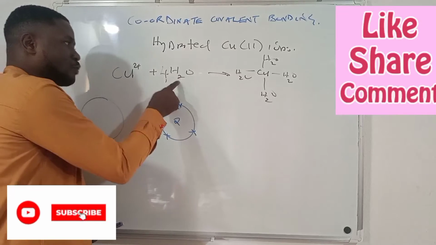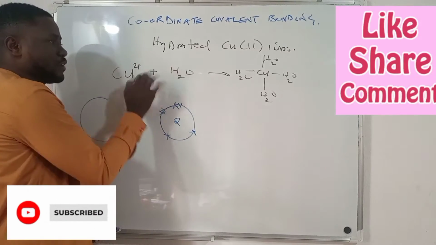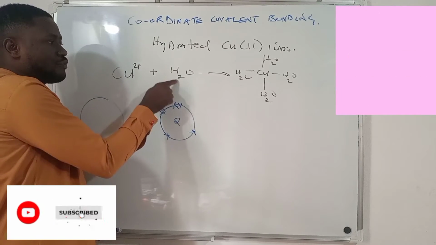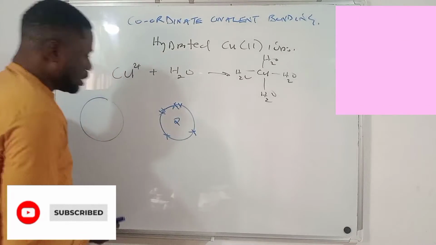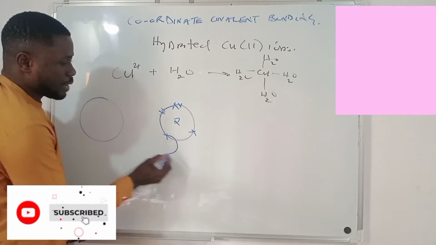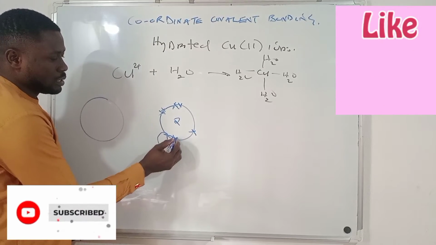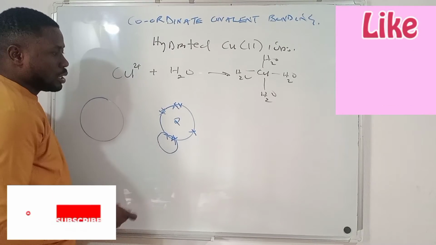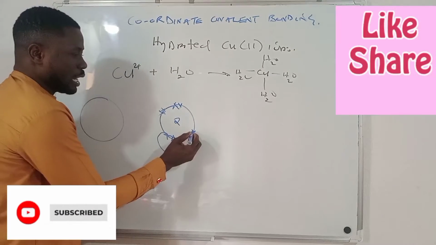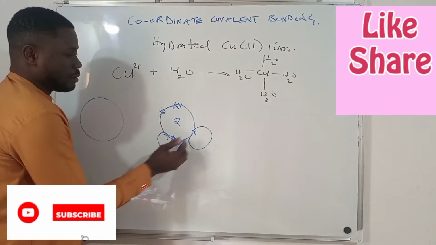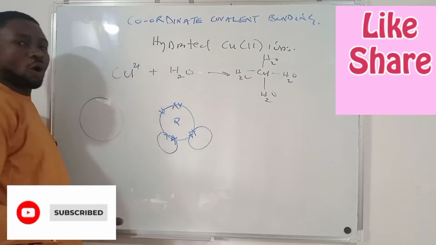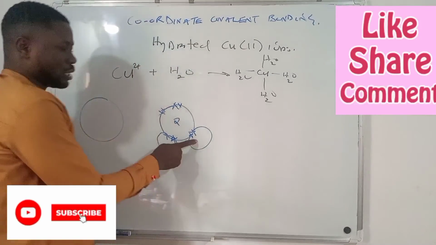Now you have water. Normally, let's forget this 4 first. You now have 2 hydrogen atoms. One hydrogen will come here and connect itself. This other electron belongs to this hydrogen, and this other hydrogen will come here and connect itself with its own electron.